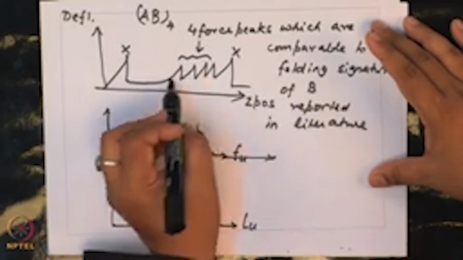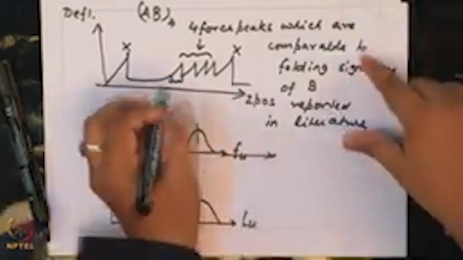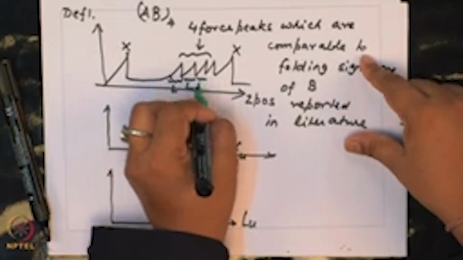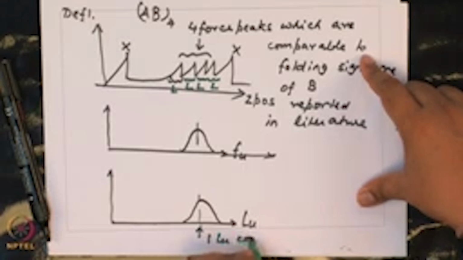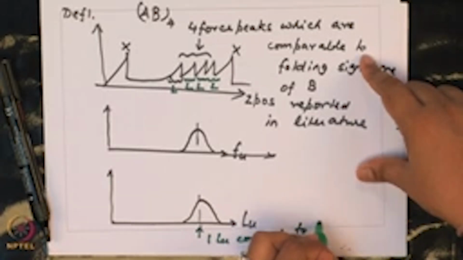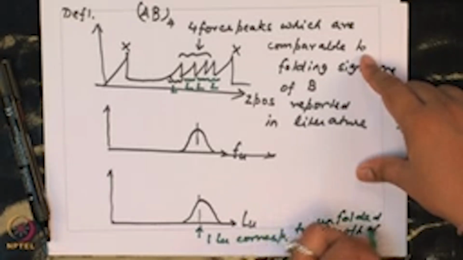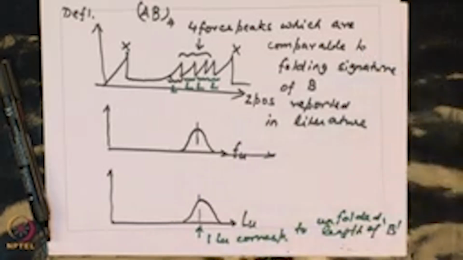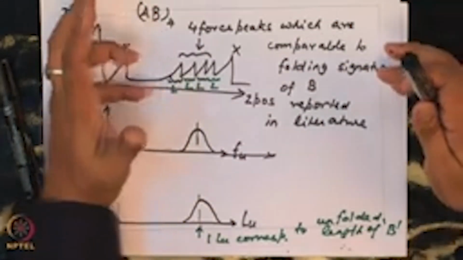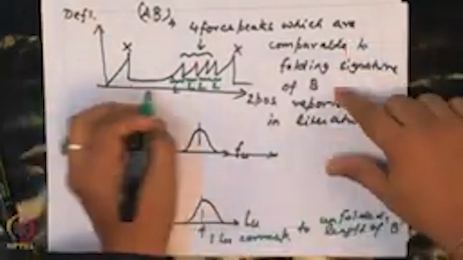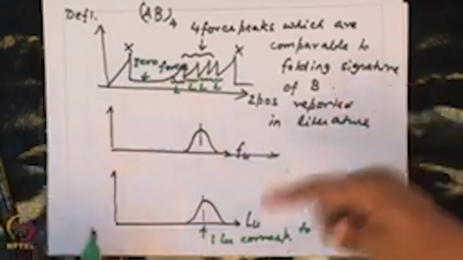Each of these lengths will fall in this histogram, and you will have one L_u corresponding to the unfolded length of B. Each of these L corresponds to unfolding of one domain of B, which suggests the absence of any force for this peak. This is almost 0 force and a long gap.